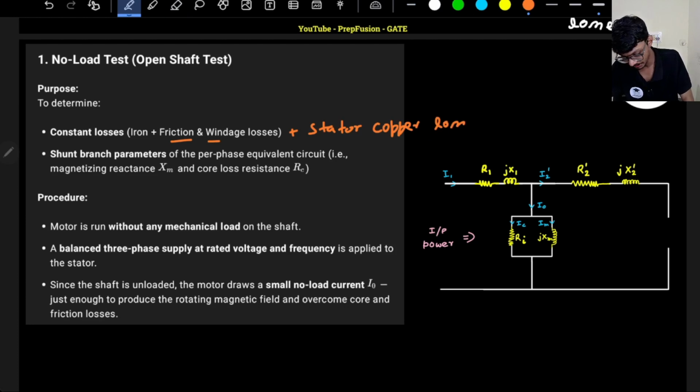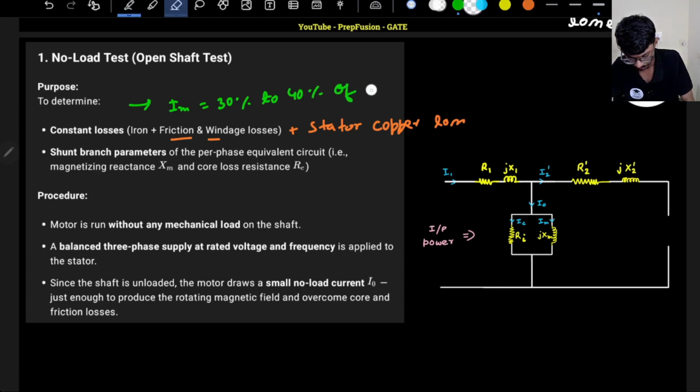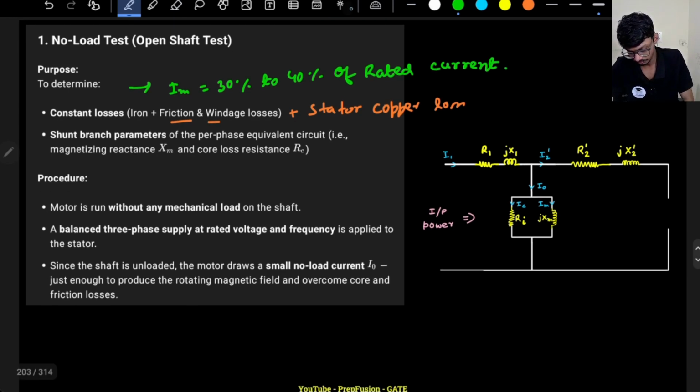Because my magnetizing current IM will be 30 to 40% of rated current. So that thing you have to do.